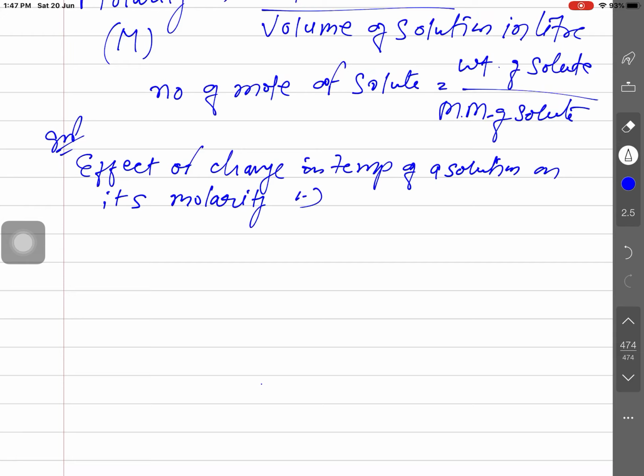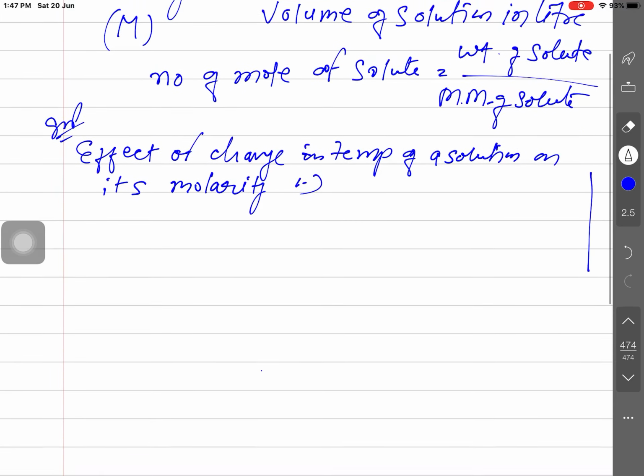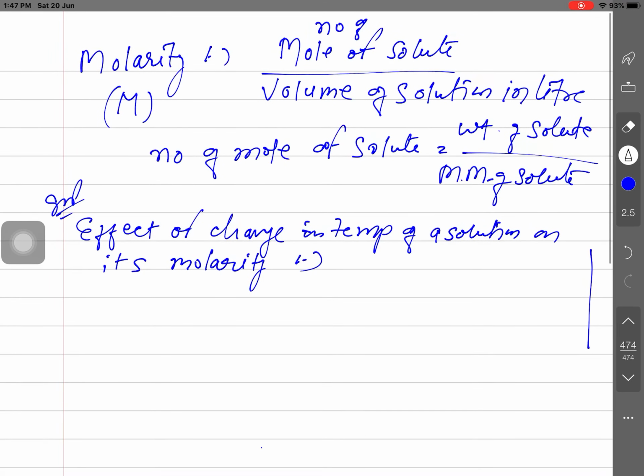Now the next topic is molality. It is represented by small m.